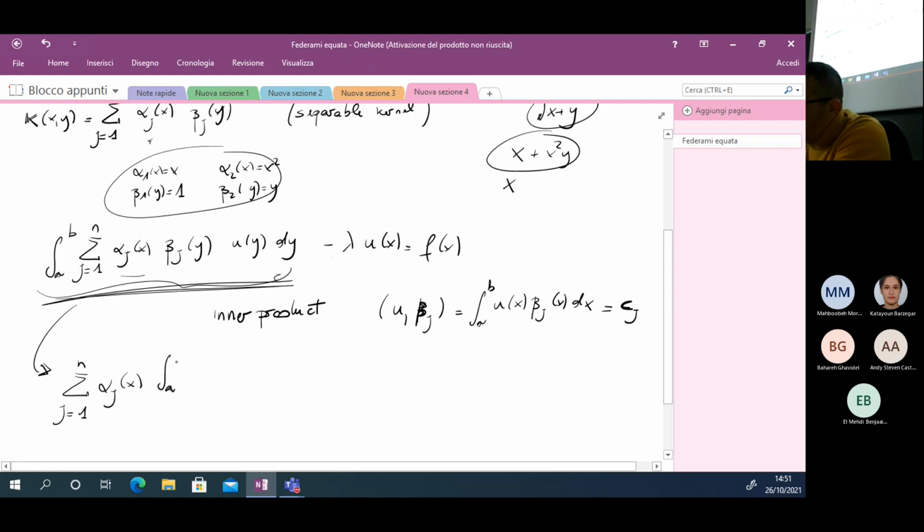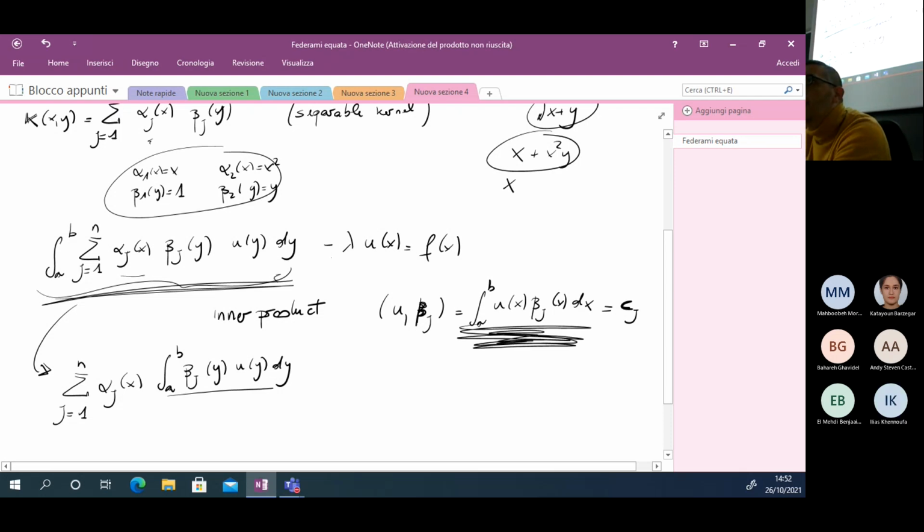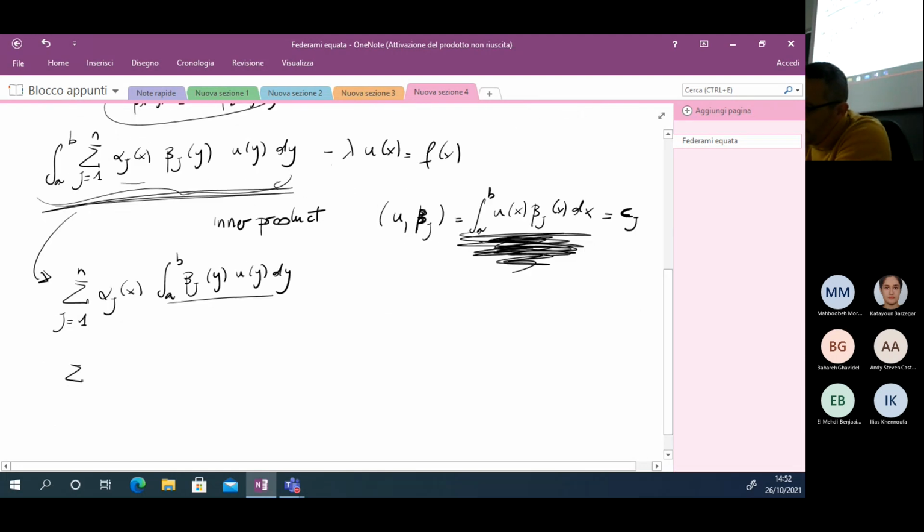Then what I have is the integral between a and b of beta j of y, u of y in dy. What is this? It's exactly this object here. So this can be simplified even more, and written as the sum for j going from 1 to n of alpha j of x times the coefficient that we have called c j.